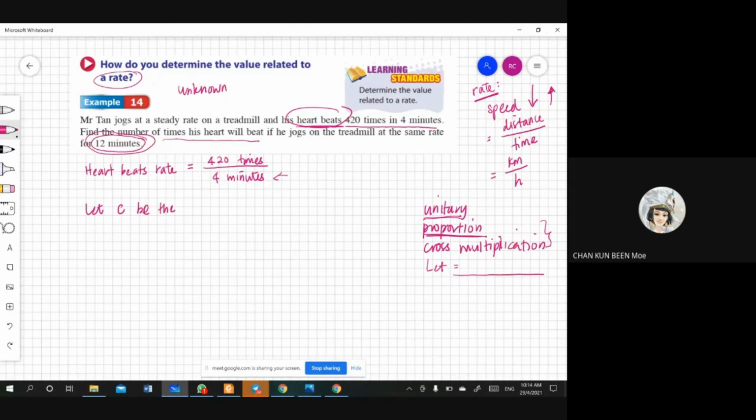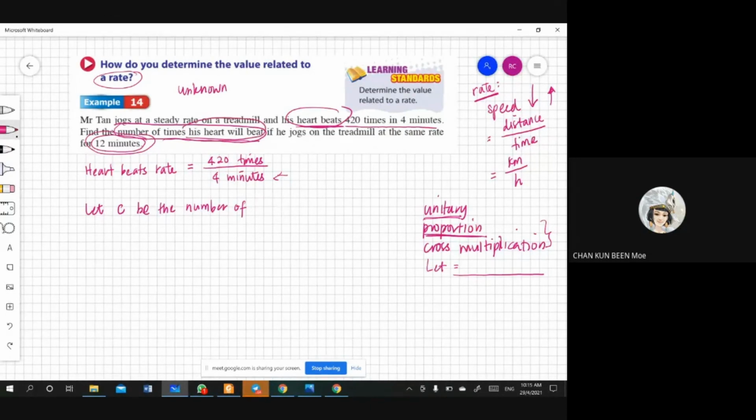What is the question? The number of heartbeats. Yes, thank you. Let C be the number of times, or the number of heartbeats. His heart will beat means the number of heartbeats.